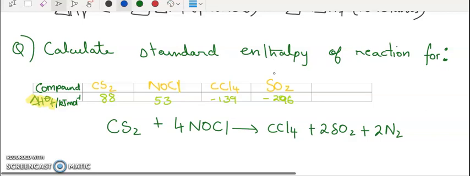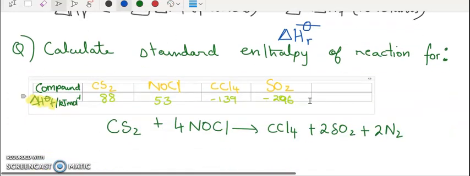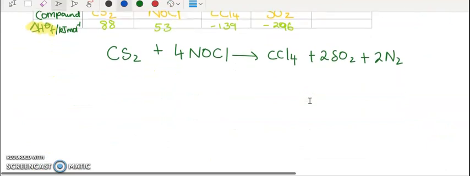In order to understand what they want, this is the form of standard enthalpy of reaction. Reaction we know is with R, and from our definitions we know that standard enthalpy of reaction can be defined as this formula.